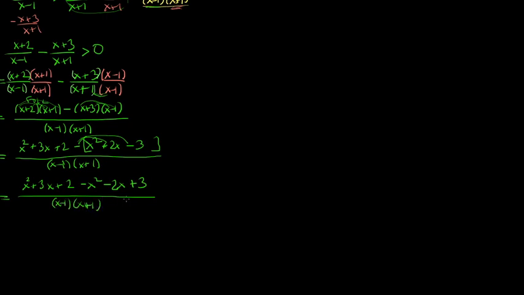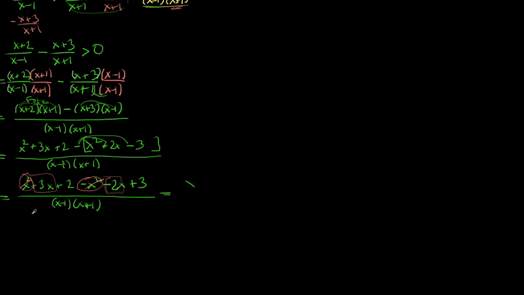That's a plus. Right. So now, notice that in the numerator, we have x squared minus x squared. Well, that's just 0. So that's nice. We also have 3x minus 2x. 3x minus 2x is just x.